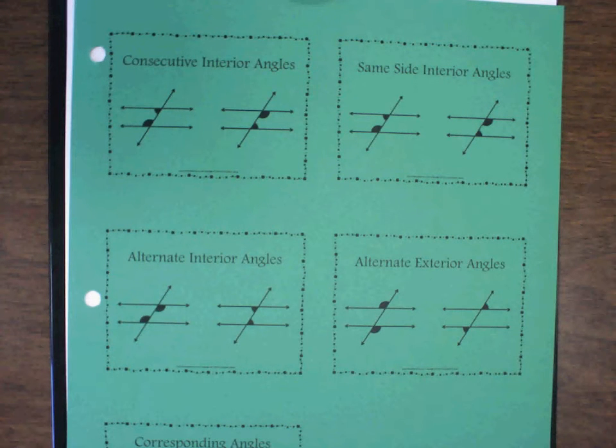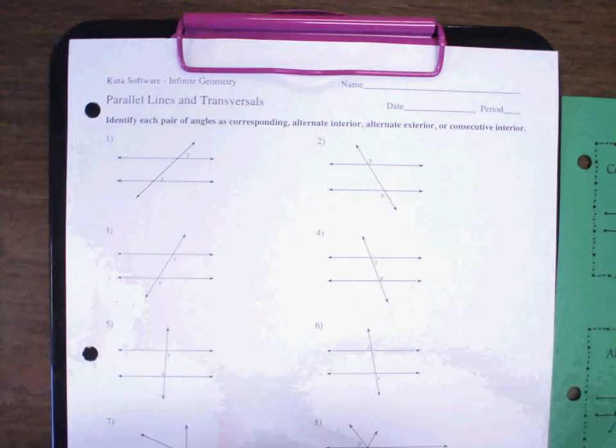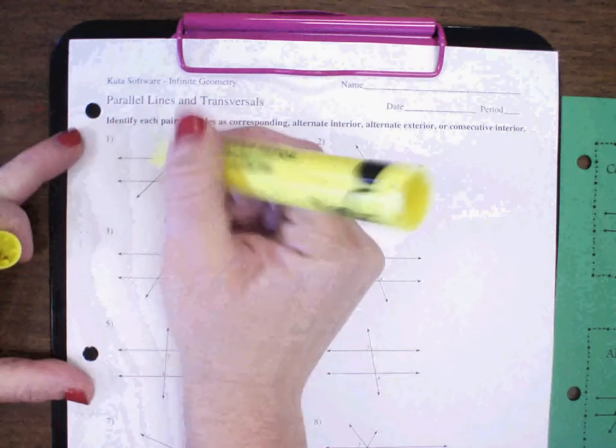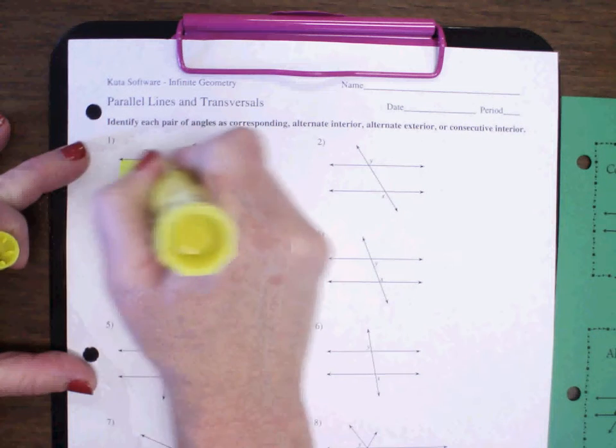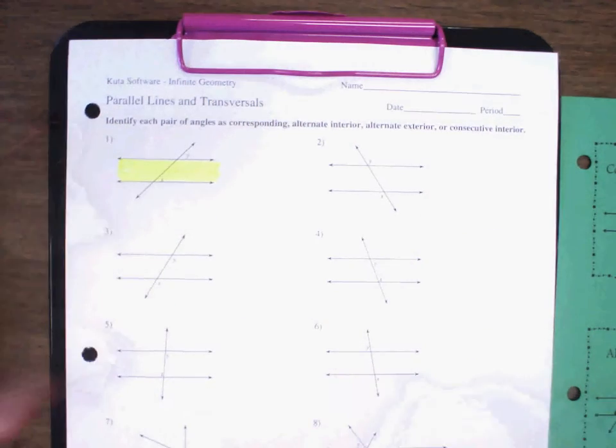So keep these handy so we can do this worksheet over here. But the first thing that we're going to do is the little square that I told you, the little rectangle, right? You can either highlight the inside of the parallel lines.